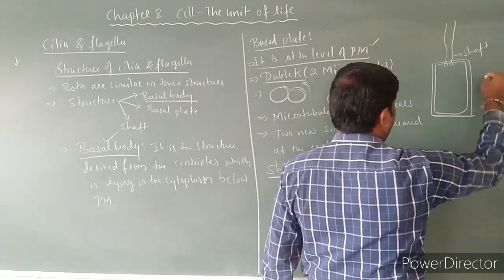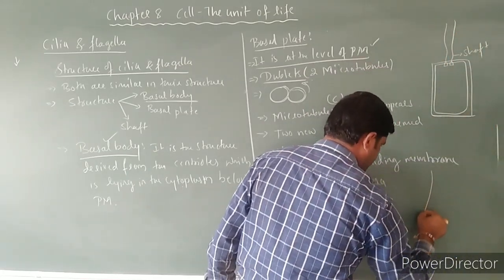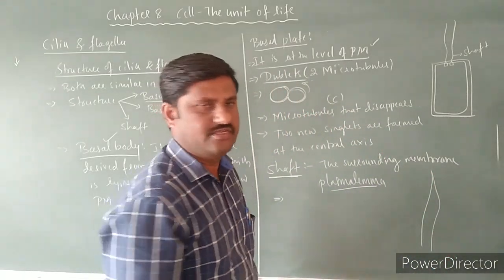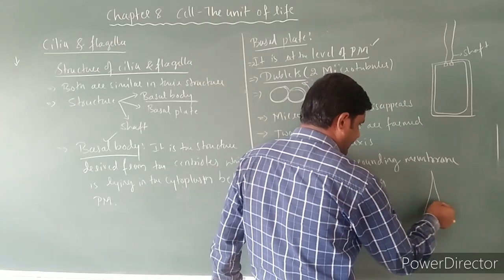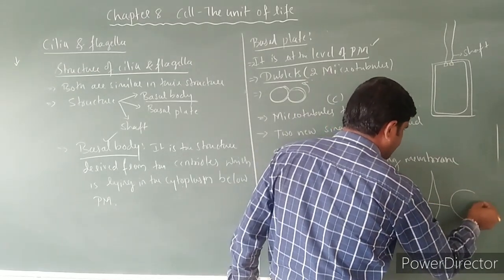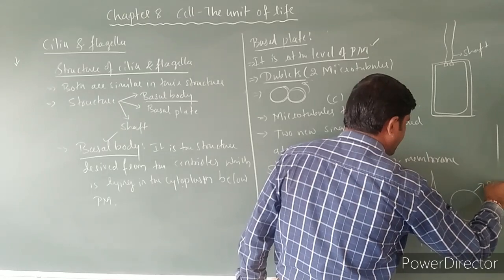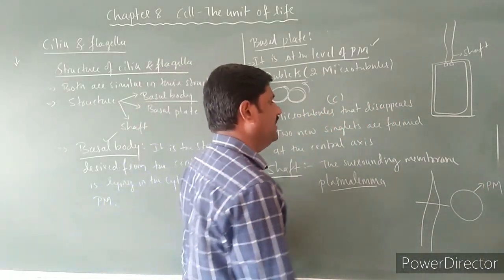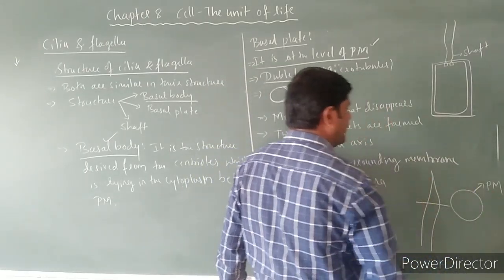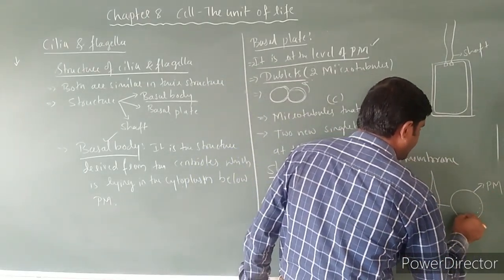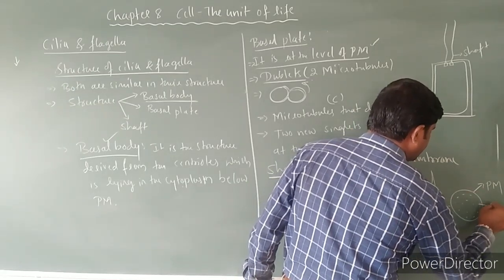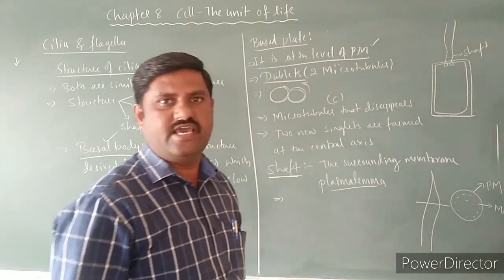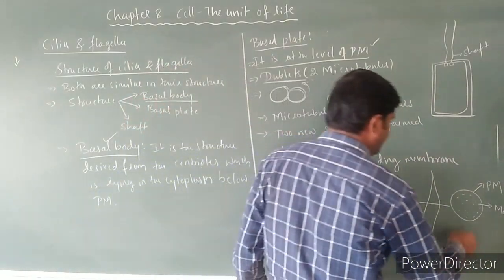When you find this structure larger, you will find this bit of structure. When you take the cross section, it looks like this. This is the outermost plasma membrane, and inner to this plasma membrane there is a matrix within it. The matrix is present for nourishment.